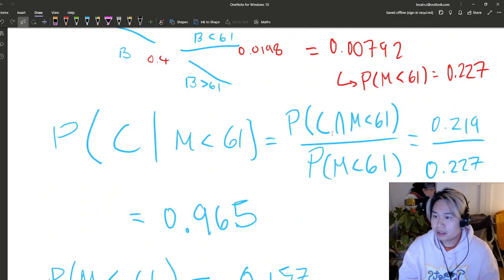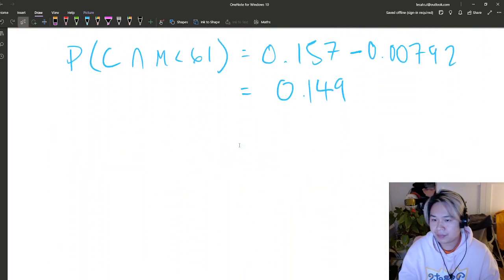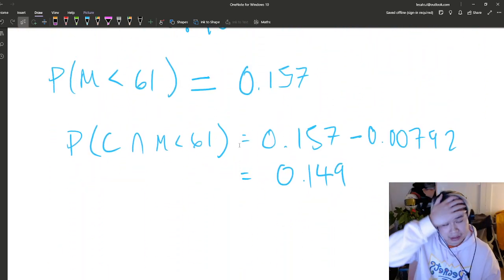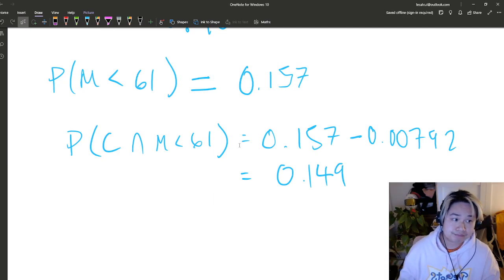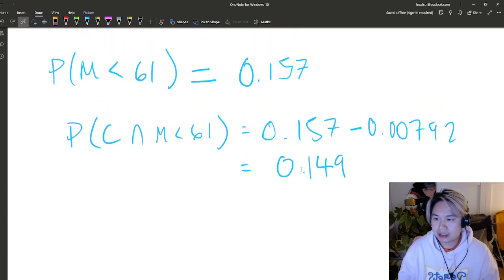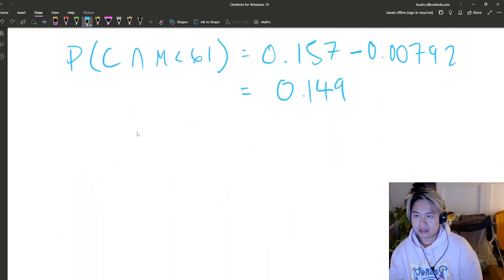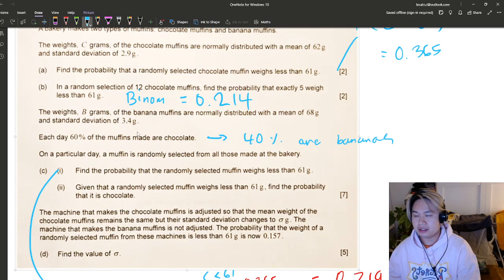Okay, and then what are we supposed to do? The chocolate machine makes the whatevers. Find the probability that the weight. Okay, first off, we are going to do the standardization, because we need to find the standard deviation.